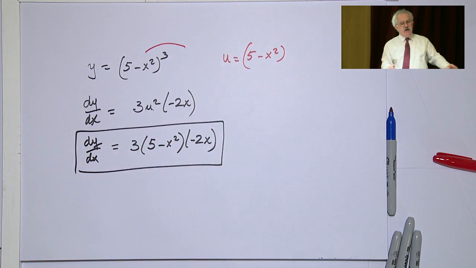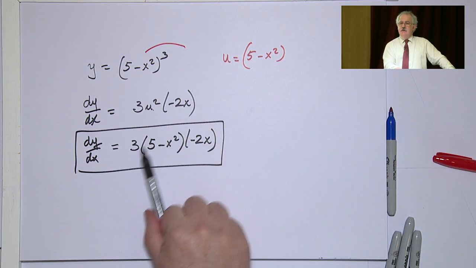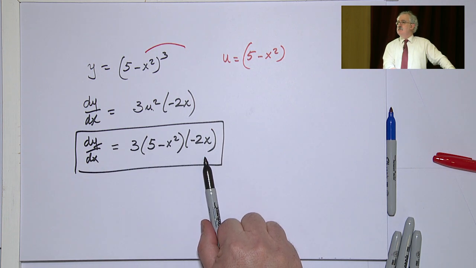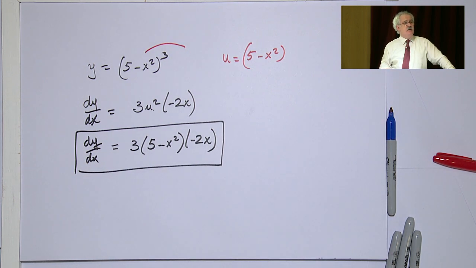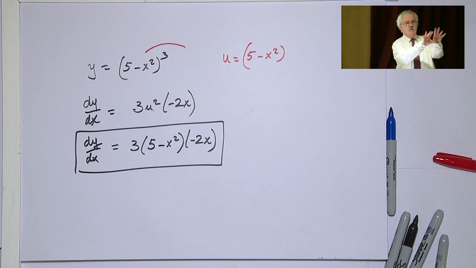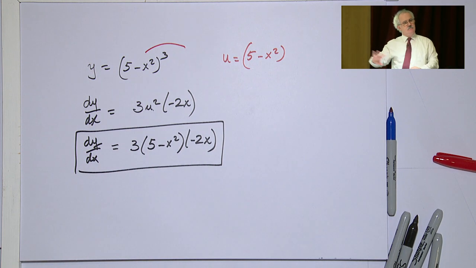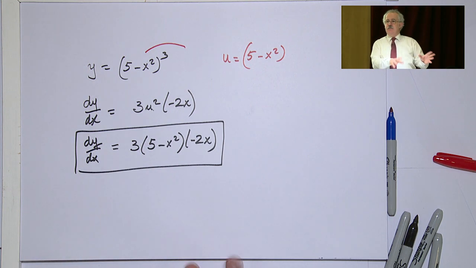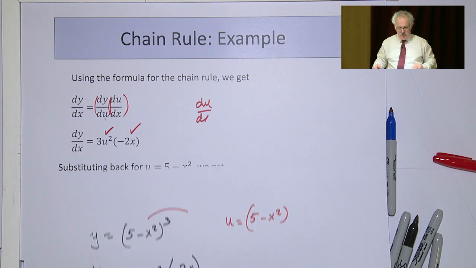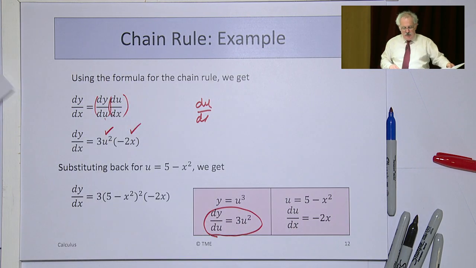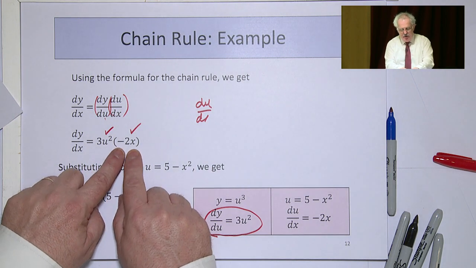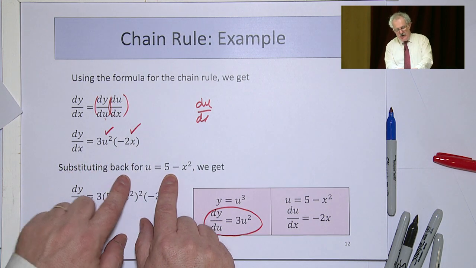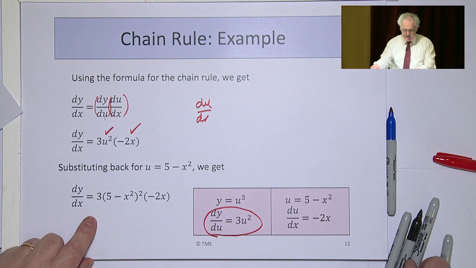If I were to give that answer, does that answer only contain x's and numbers? That's the right answer then. It's sorted. So I used the u, fixed it, and had it all out of the way by the end. Is that okay? Almost like in chemistry, you use a catalyst, and then you take it back at the end, it's all gone. It was just to get something going. Is that okay? So what we have here is 3u squared by minus 2x, but we now have to substitute back for the u, and there's our answer.